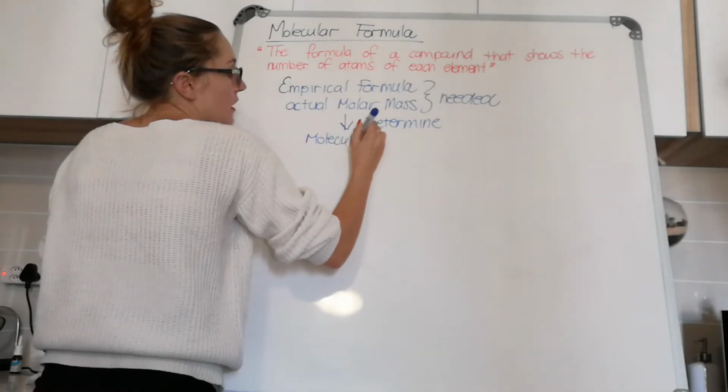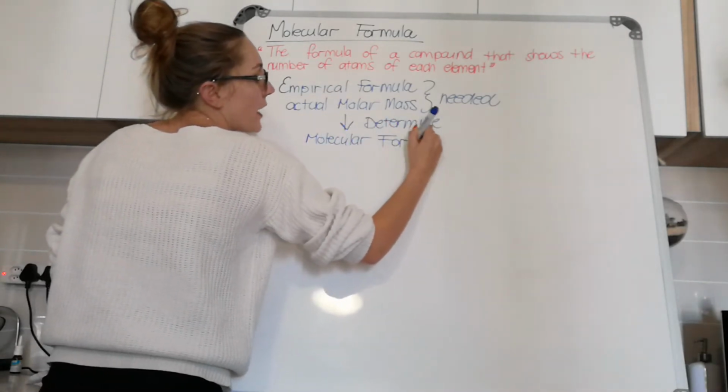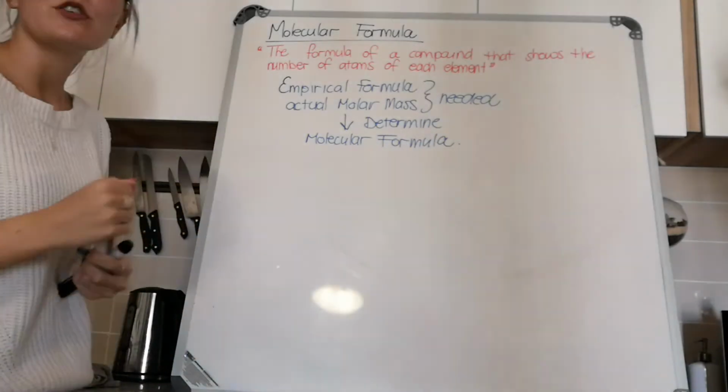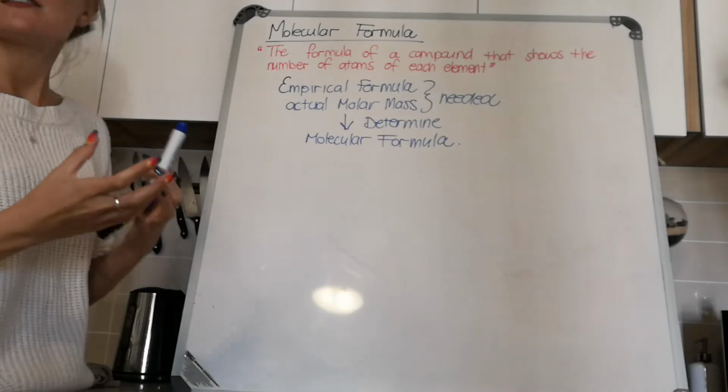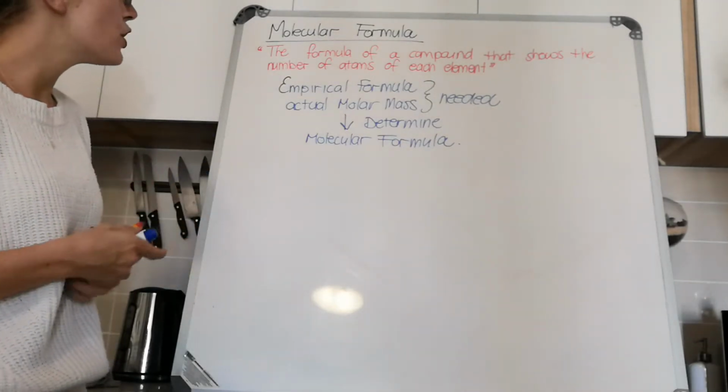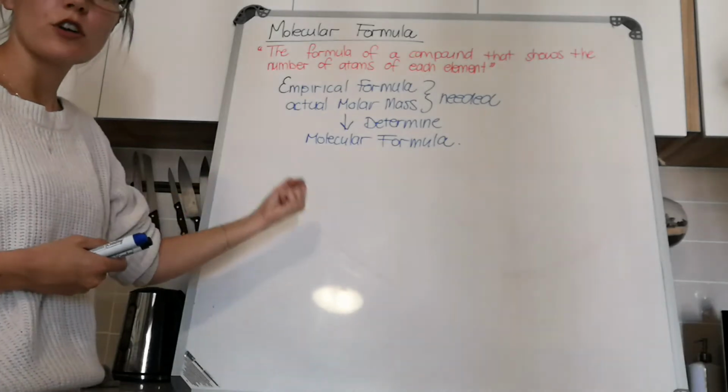Okay, so the way we're going to go ahead and do it, when you've determined the empirical formula, you figure out the molar mass of what you have, and you compare it to the molar mass of your actual chemical compound.